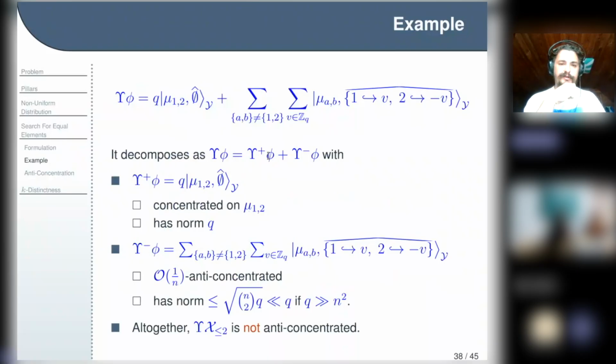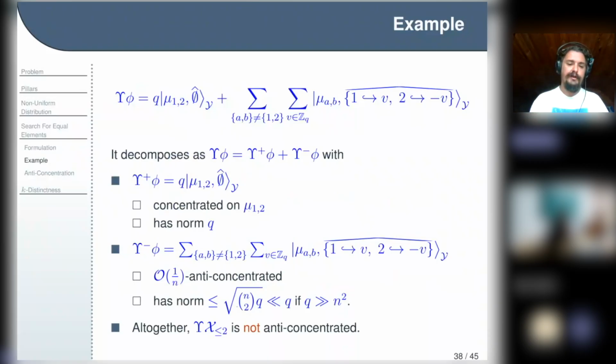This part, epsilon minus, which is the second term, is underconcentrated, and it has norm square root of n choose 2 times q, because n choose 2 is the number of pairs, and q is the number of terms in this sum over v. So this is much larger than q if q is much larger than n squared, which I assume.